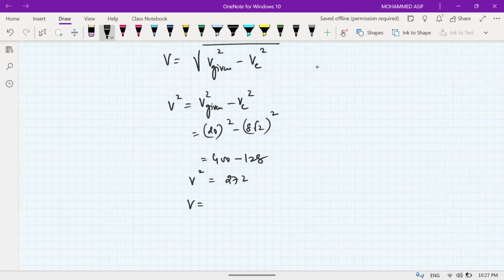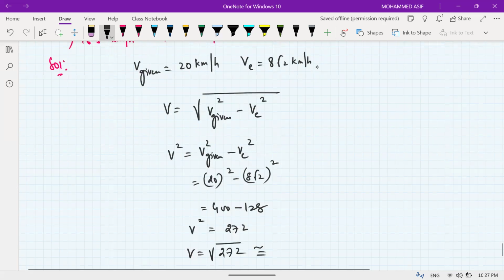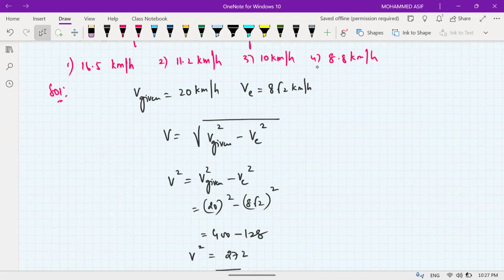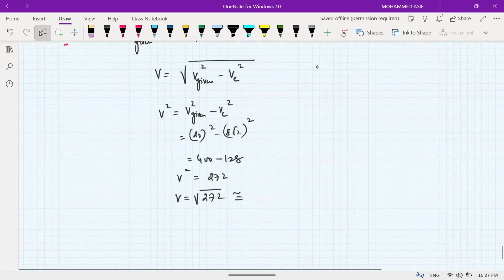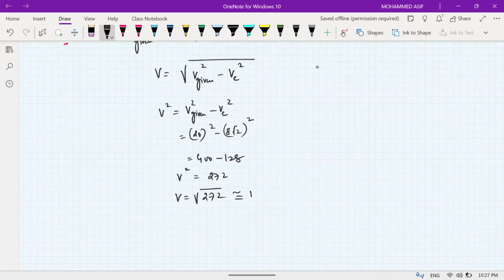So v equals under root of 272. See which option approximately matches. 16.5 kilometer per hour. That will be the answer. Done.